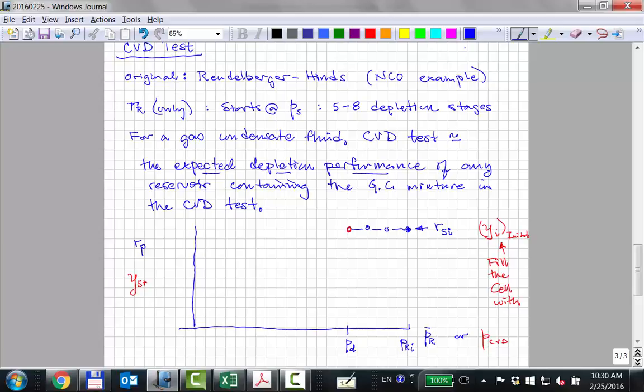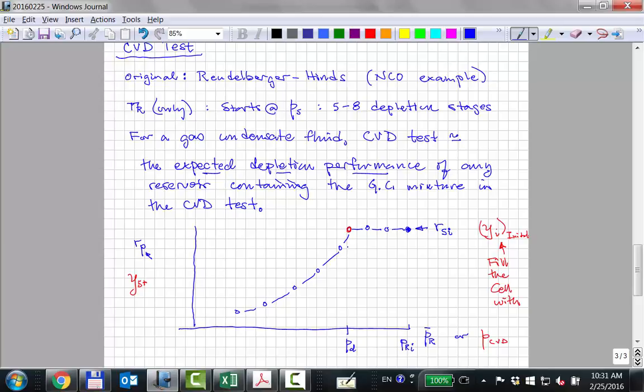And so what you see at the surface, because this is what we're producing here, will start going down. Probably monotonically down as far as you drop the pressure.